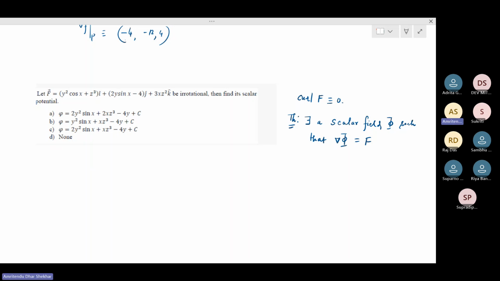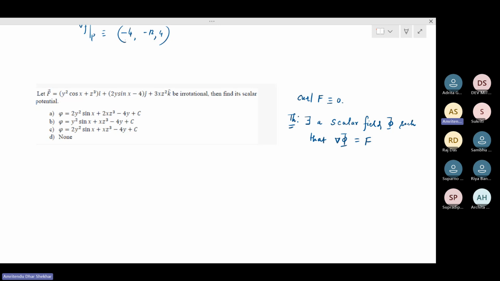Similarly, the electric field is also an irrotational field, the curl of F is equal to 0, and as a result you have the electric potential.